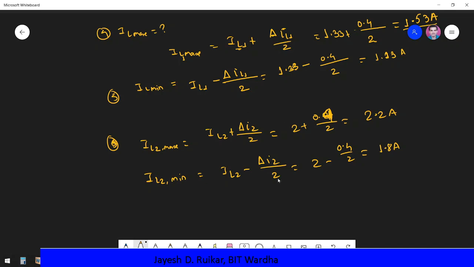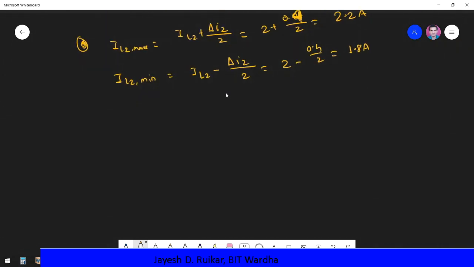So we'll calculate the L1 value first. L1 can be calculated as Vs into D, that is your duty ratio, divided by your switching frequency Fs, multiplied by delta IL1. We know that Vs value is 9, the duty ratio D value is 0.4, and Fs is 1 lakh, so 10 to the power 5, multiplied by 0.4.